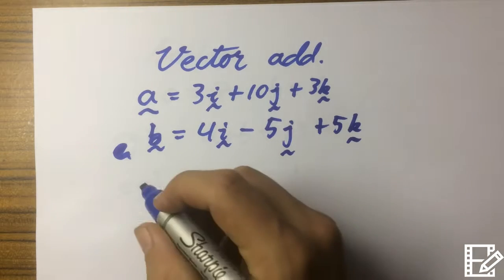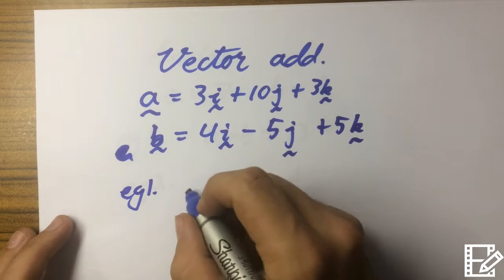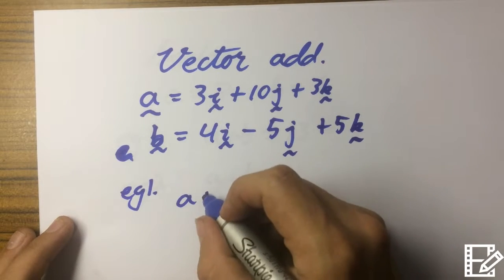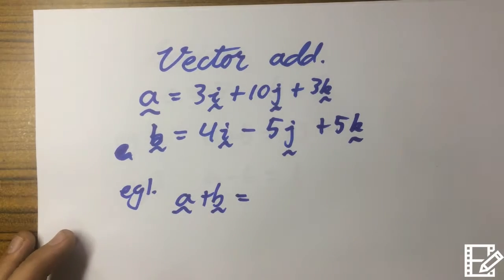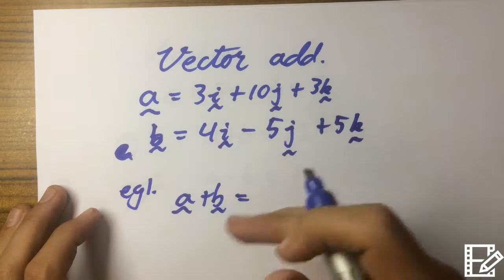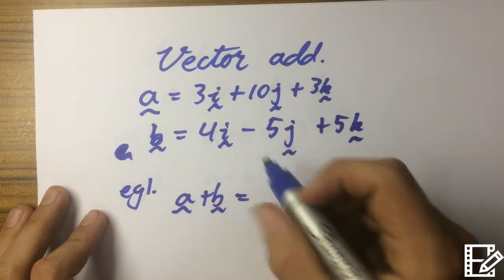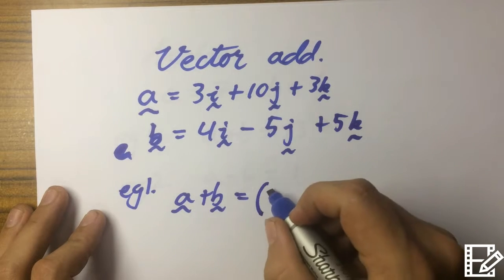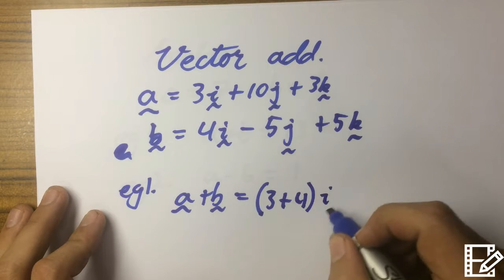Okay, so let's say example 1 is A plus B, with squiggles to show it's a vector. Well, basically, we just add the components. We don't add it all together. We just go, well, this is 3i and this is 4i, so we add the 3 to the 4, and we put the i around here.